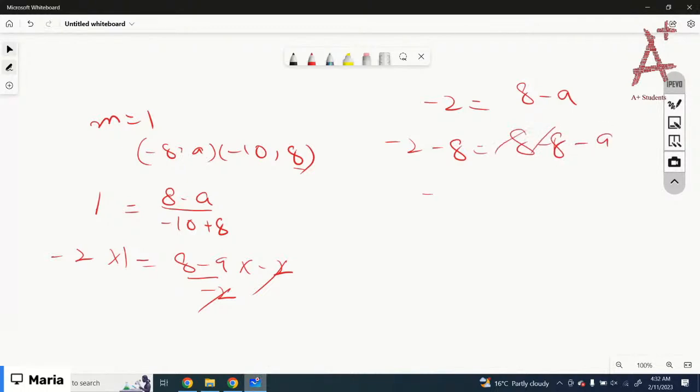So negative 8, negative 2 is negative 10 equals negative a. That means a equals 10. That means the missing coordinate a equals 10. Got it?